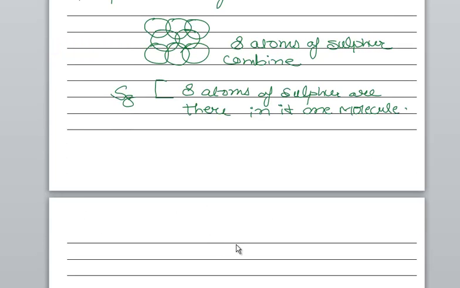Say, for a compound that is hydrogen chloride, it is also called as hydrochloric acid.